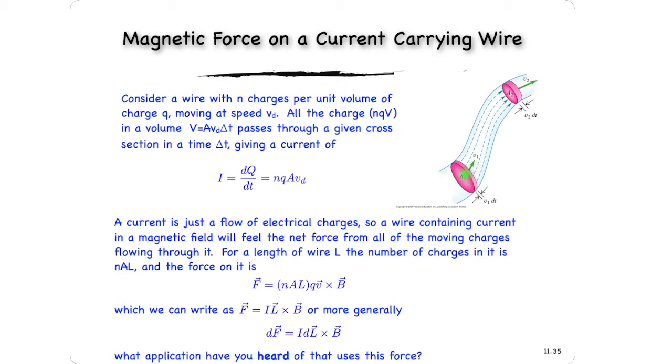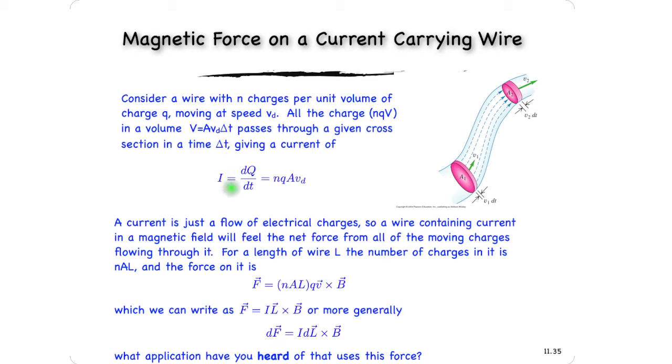So if we want to consider the volume contained in this little purple cylinder here, that's the cross-sectional area times the distance that the charge is moved in our given time dt. So the cross-sectional area is A. The distance that the charge is moved was the drift velocity times time.